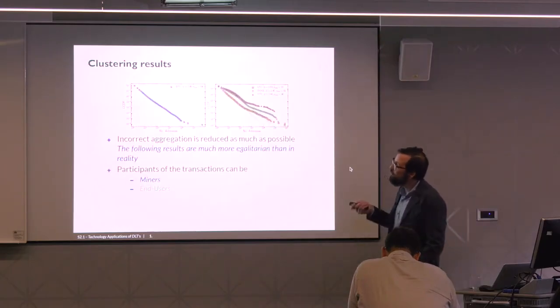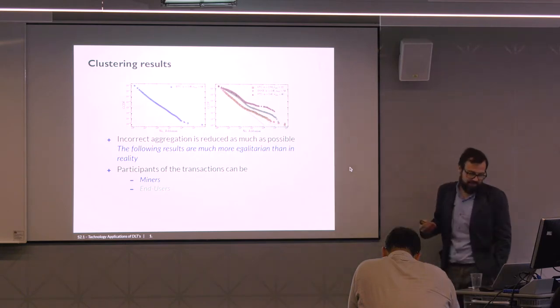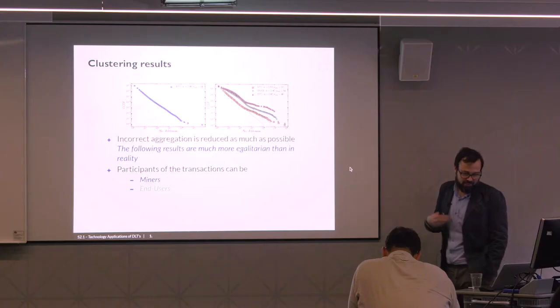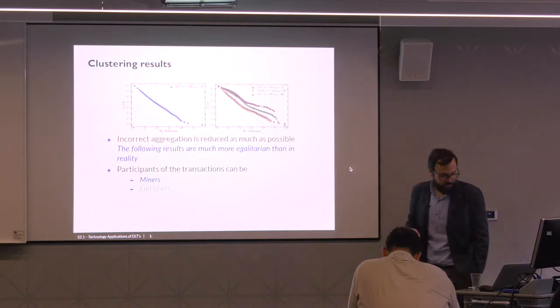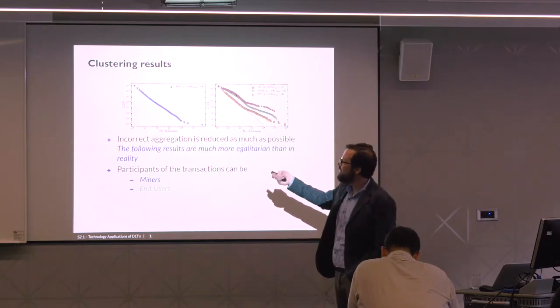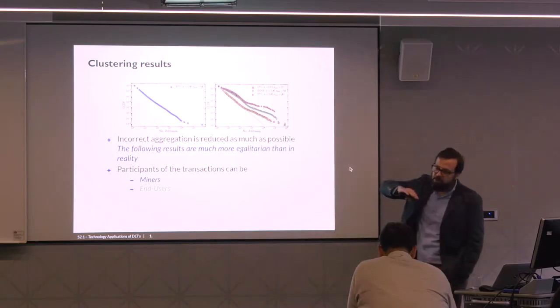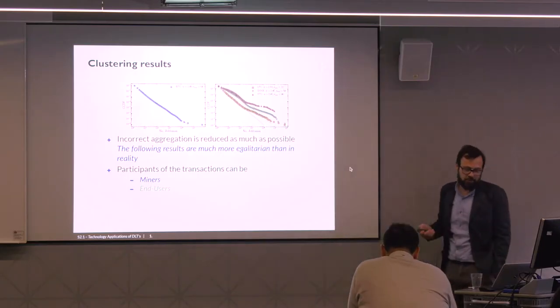One thing that is particularly important when you analyze the data, and this also says a lot about the unequal distribution of wealth inside of cryptocurrencies, is that the number of addresses that belong to the same user has a very skewed and very broad degree distribution.